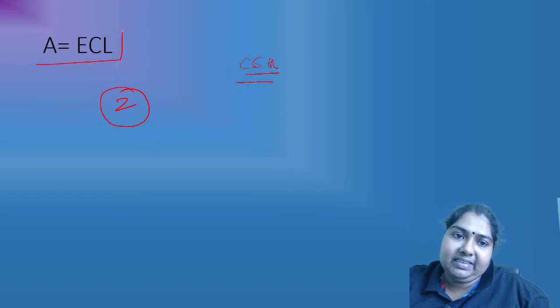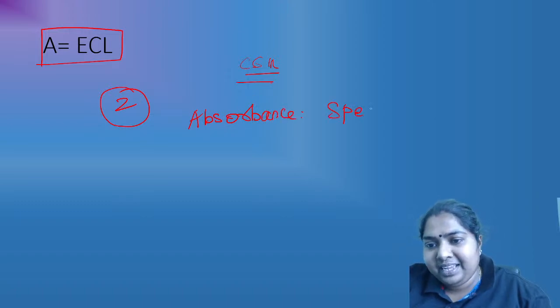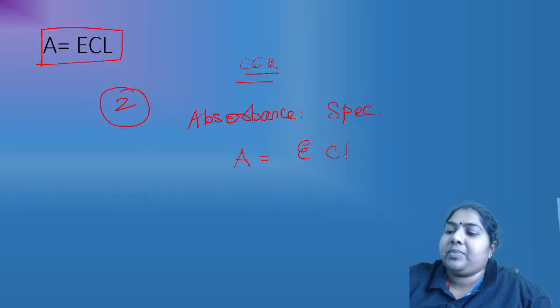So the second major numerical that CSIR NET will ask is from the methodology, using absorbance. By using spectroscopy, they usually ask from this formula: A equals epsilon C l.